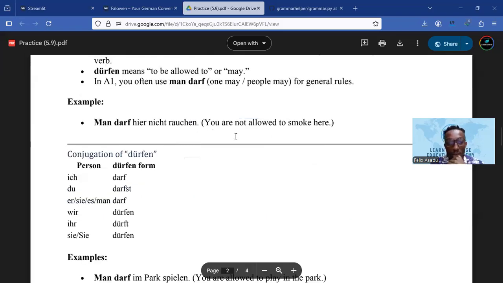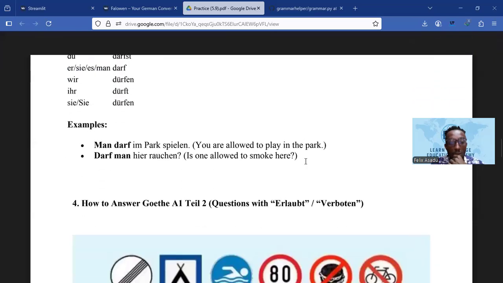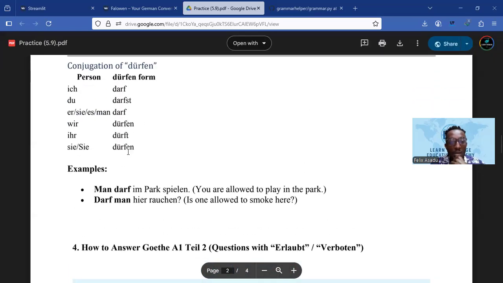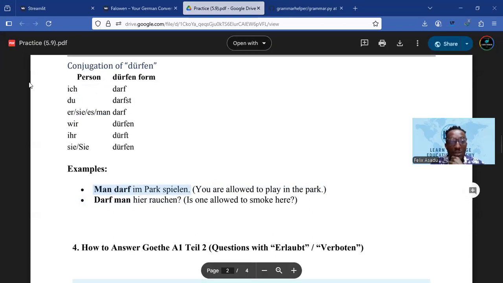So let's check the conjugation. We have ich darf, du darfst, er/sie/es/man darf, wir dürfen, ihr dürft, and sie dürfen. So we have man darf, right? If I want to change it to a question, I just switch the subject and the modal verb, and I'm going to get what?